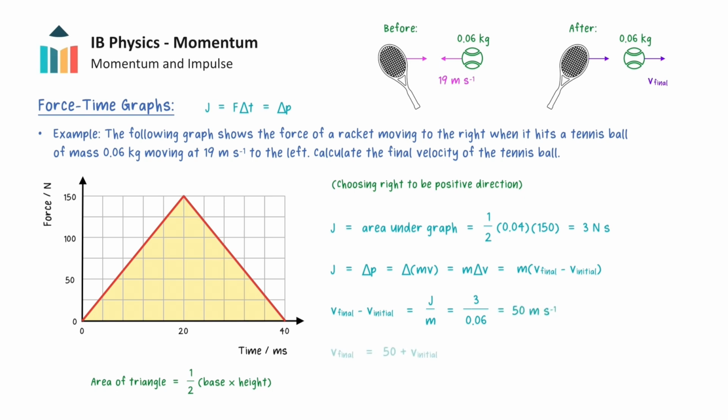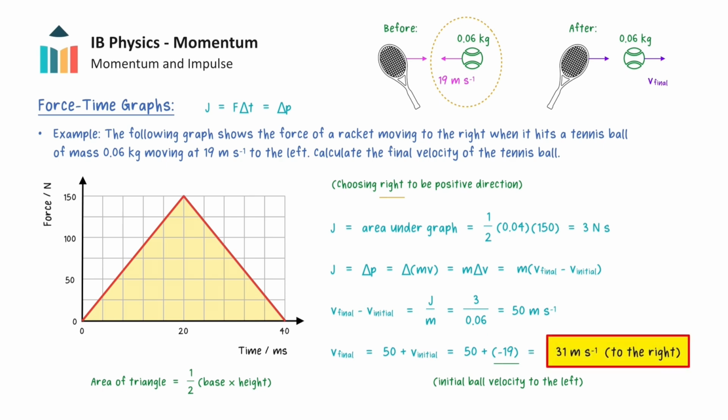If we now rearrange for final velocity, the initial velocity term will be equal to negative 90 meters per second, because the ball initially moves to the left and we chose right to be the positive direction. Therefore, the final velocity of the ball will be 31 meters per second to the right.